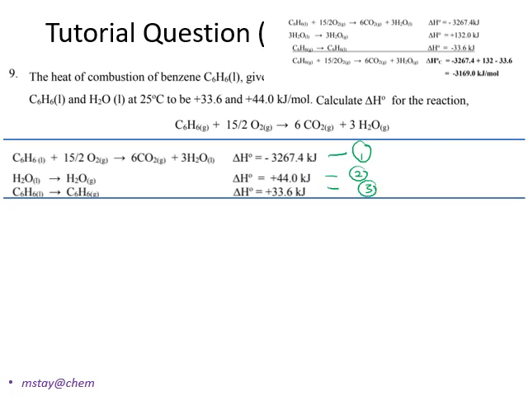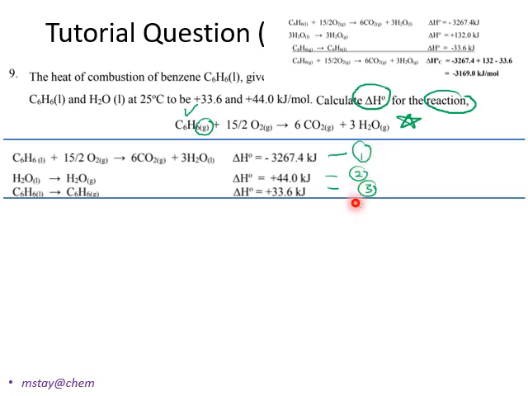Then again, don't forget we need to determine the enthalpy change for the reaction, which refers to this chemical equation. So we check the first substance here, which is benzene in the gas phase. We have to check among these three equations which equation consists of benzene in the gaseous phase.